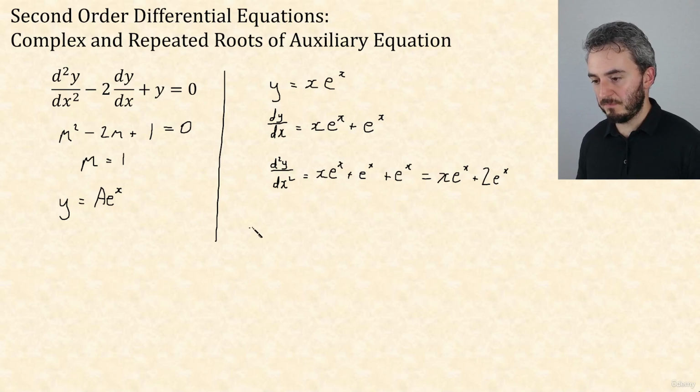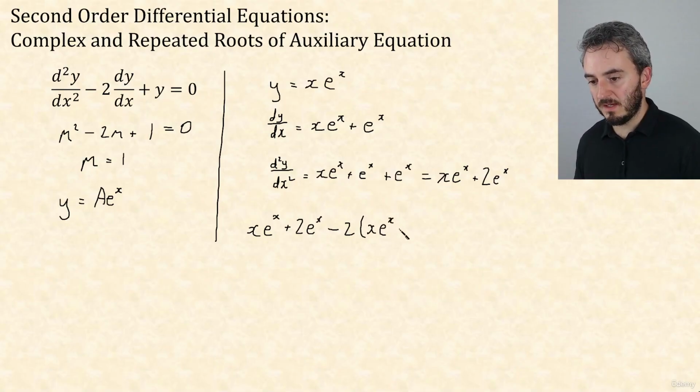Let's sub that into here. Second derivative is x e to the x plus 2e to the x, minus 2 times the first derivative, so that's minus 2 times (x e to the x plus e to the x), plus the original function x e to the x. And what do we get?